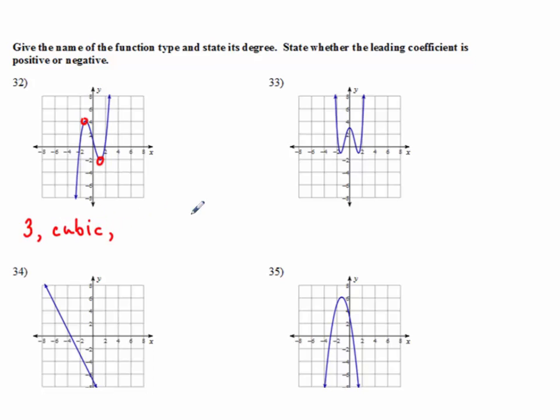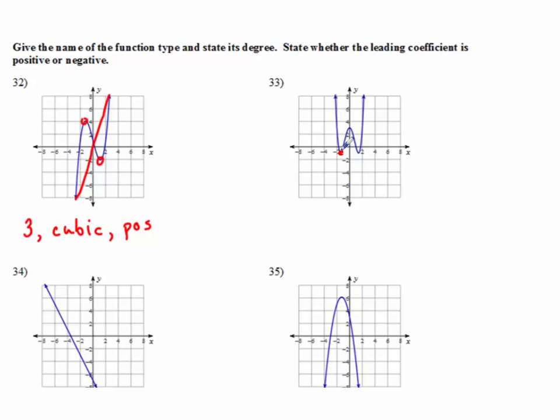That's the name. Then is this a positive or a negative leading coefficient? Positive. Okay, because you can kind of think of it if you connect where it ends on that side to that side. What kind of slope is that? It's positive. If it's a positive slope, then it's a positive leading coefficient.